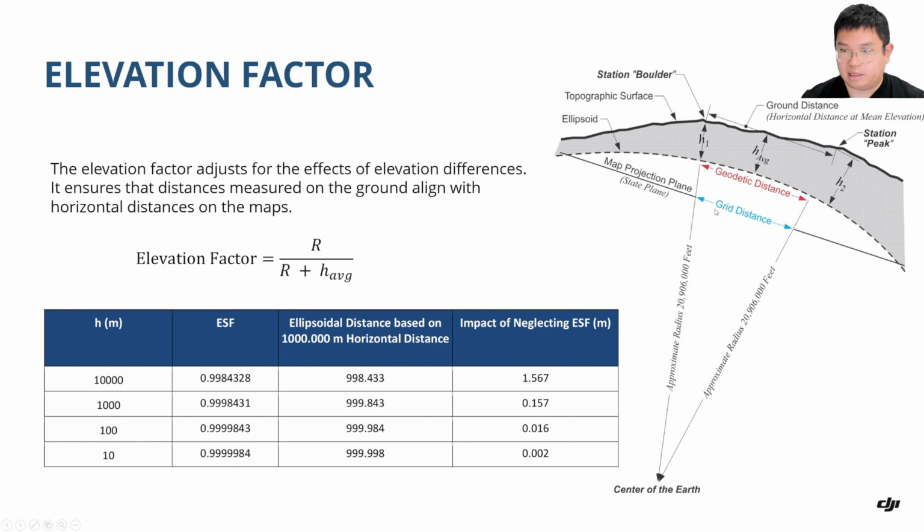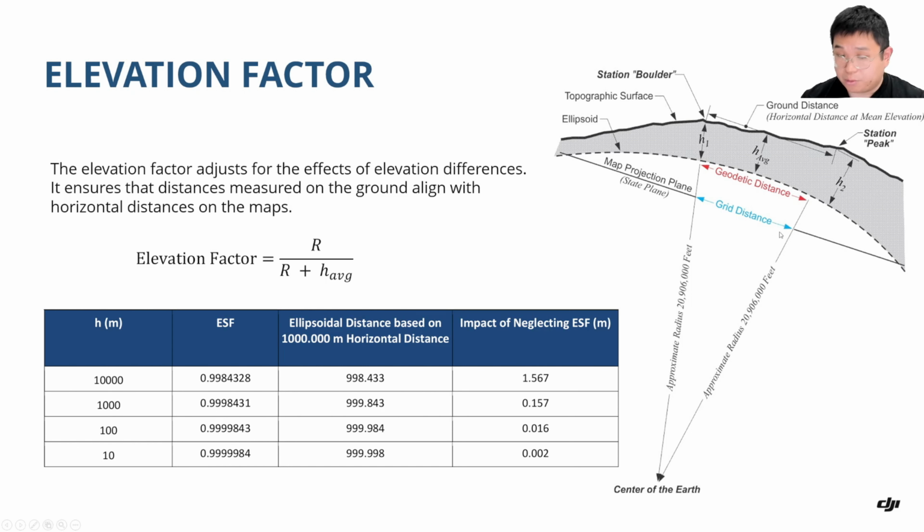So when we look at the measurement from this point to this point, compared to the projection measurement from this point to this point, you can see that the distance is going to be longer. So it has to apply a scale factor that is a little bit less than 1, so 0.999 something, in order to get the correct measurements from the projection plane.